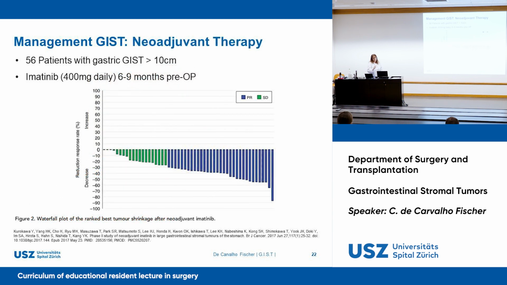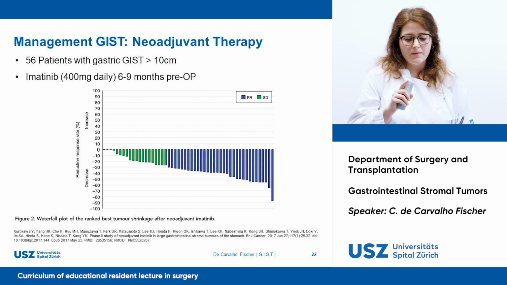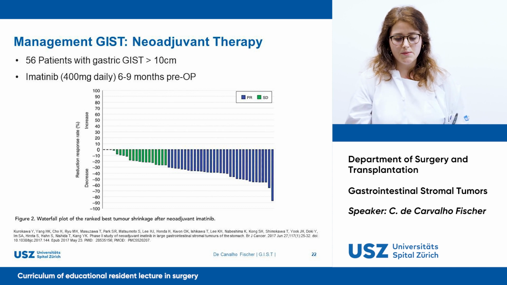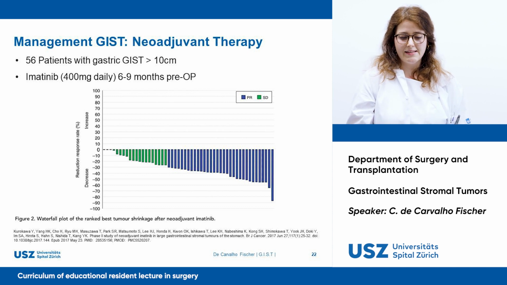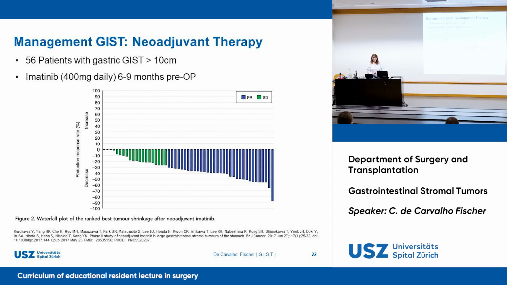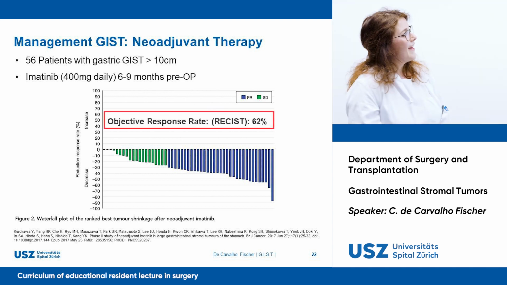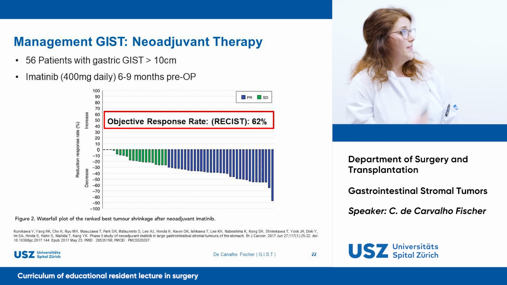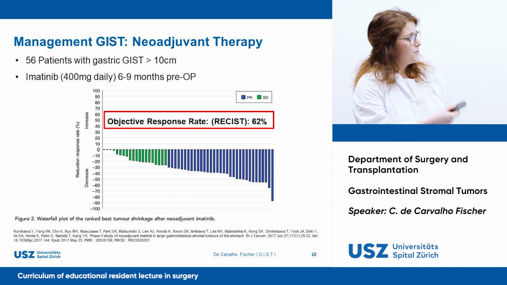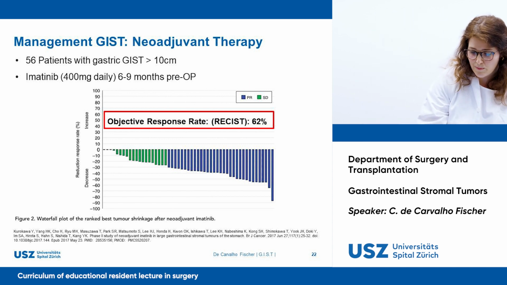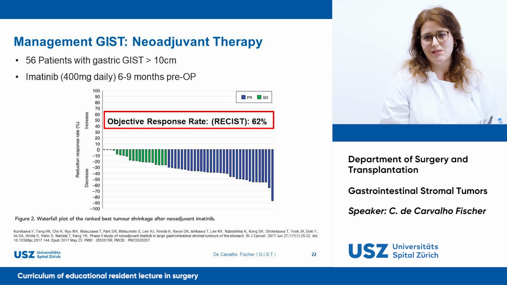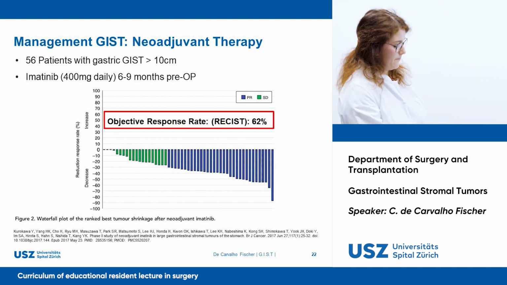At this stage, I'd like to introduce two studies. This study looked at 56 patients with gastric GISTs above 10 centimeters and gave them 400 milligrams of imatinib daily for 6 to 9 months preoperatively. And as we can see here, the objective response rate of these tumors was 62%, and this beautiful waterfall plot shows how the tumors reduced in size under imatinib therapy.